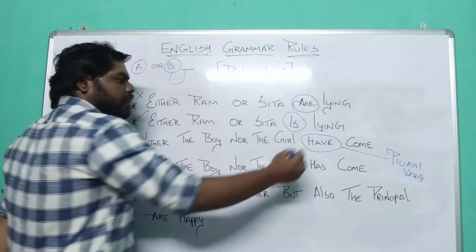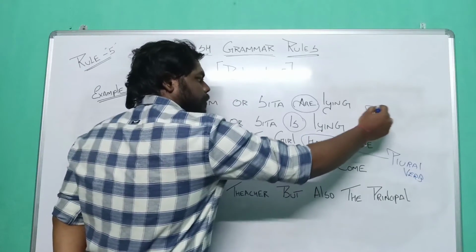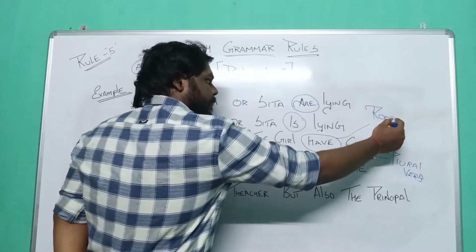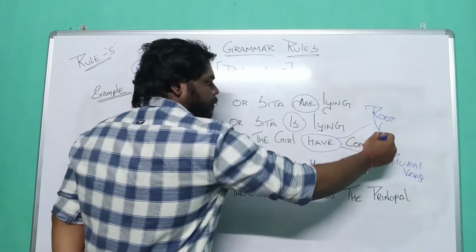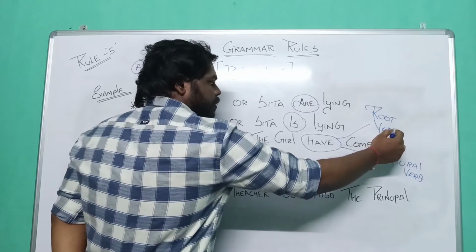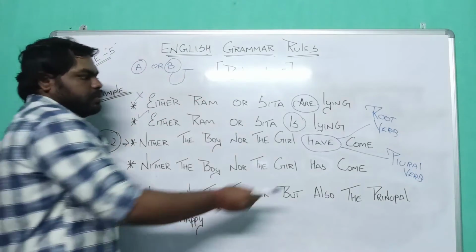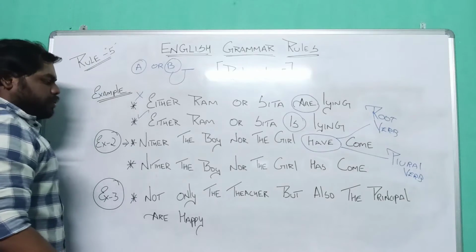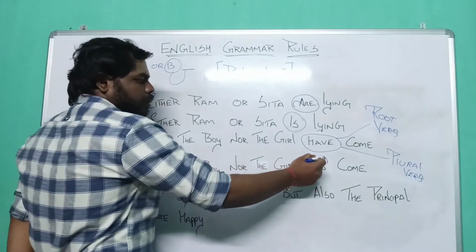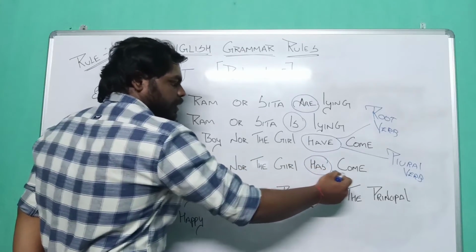We call this the root verb form, because we are deriving the word from a root. That's why we call it a root verb. Has is also a root verb, but it is singular.